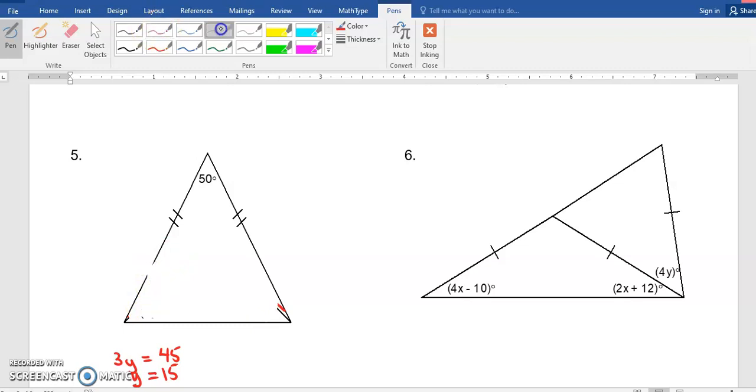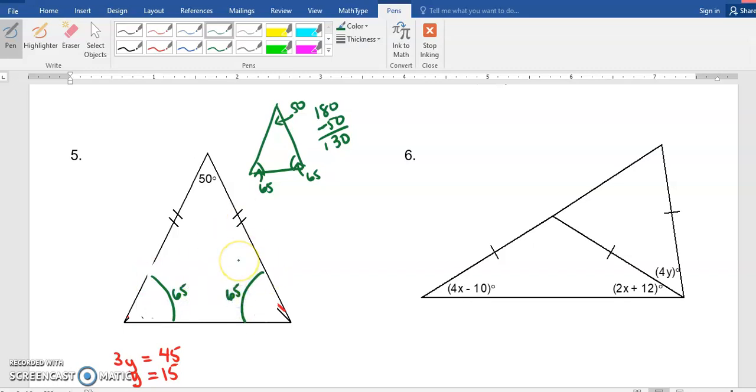So we're thinking about this triangle that's isosceles with a 50-degree angle here, and we know those two have to be the same. So 180 minus the 50 leaves us with 130 to split evenly between these two. So that means these angles are 65-degree angles.